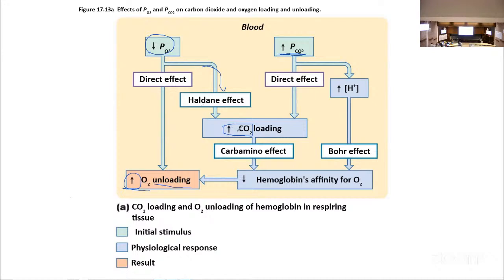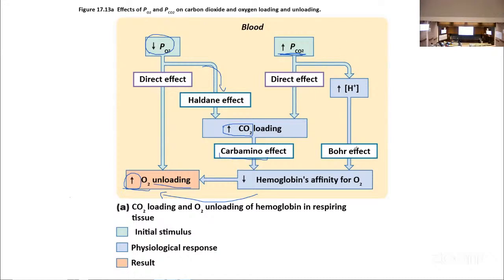But when we have these higher amounts of carbon dioxide, the carbamino effect is going to come into play. So that presence of high amounts of carbon dioxide lowers hemoglobin's affinity for oxygen. This lower affinity for oxygen means it's easier to peel off the oxygen. So we get more oxygen unloading. And at the same time, while we're in this respiring tissue making lots of ATP, with lots of carbon dioxide as a byproduct, carbon dioxide gets converted by carbonic anhydrase into carbonic acid, then dissociating into protons and bicarbonate ions.